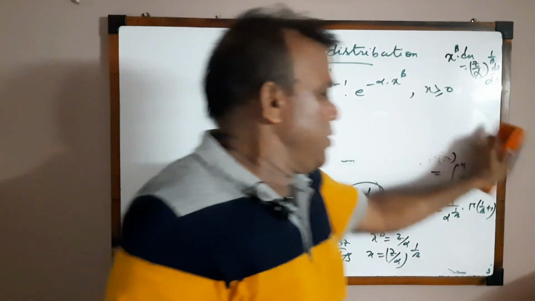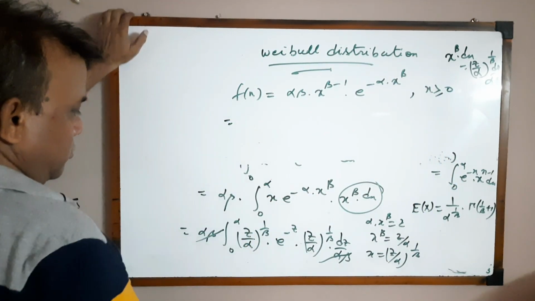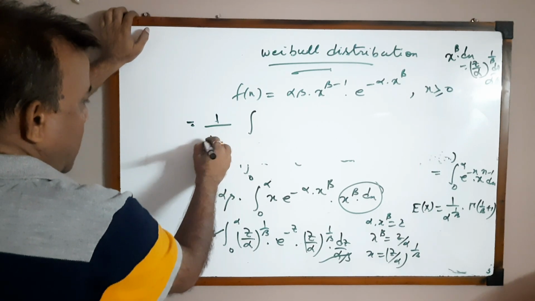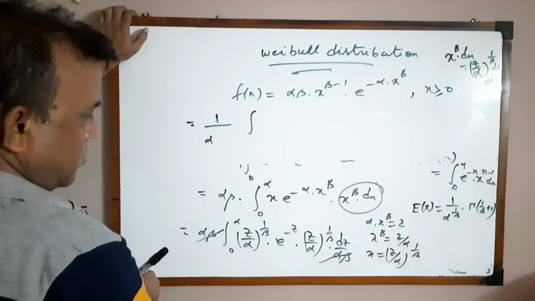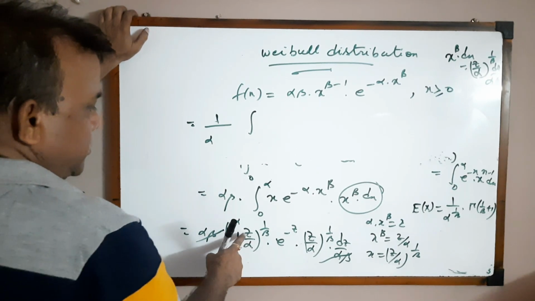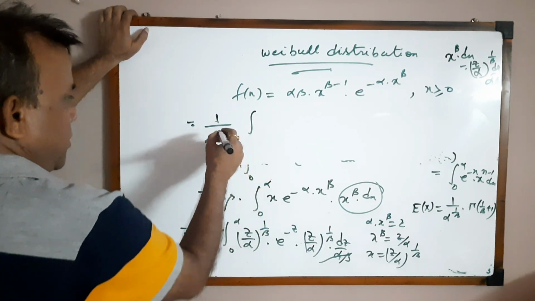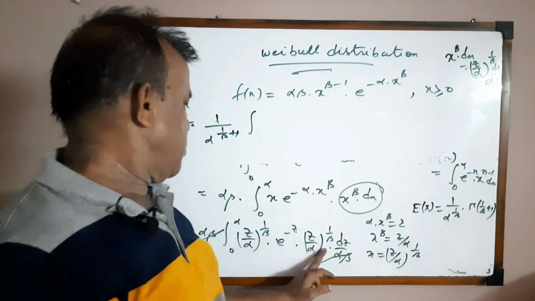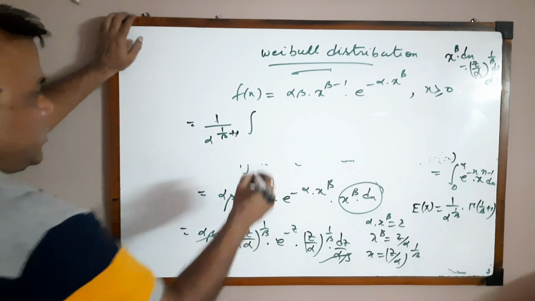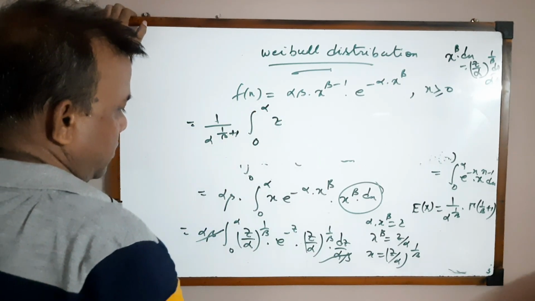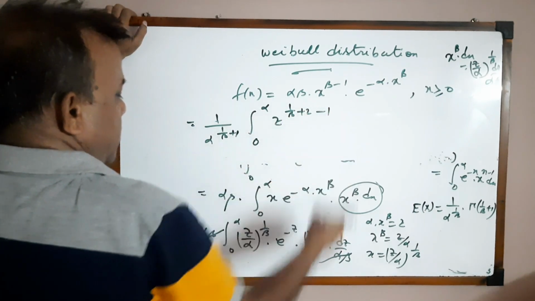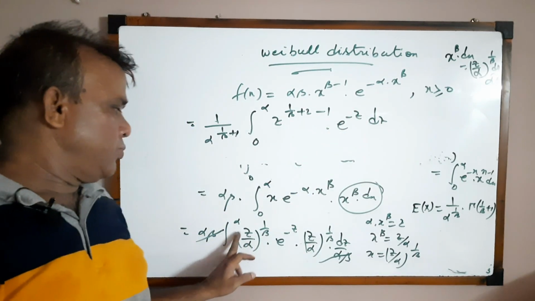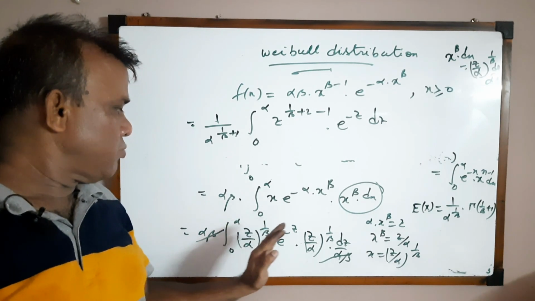This is equal to integration 0 to infinity 1 by alpha to the power 1 by beta plus 1 z to the power 1 by beta plus 2 minus 1 e to the power minus z dz. Okay.